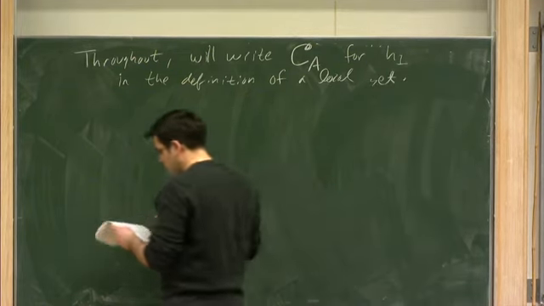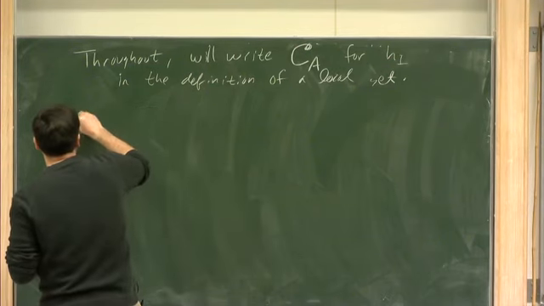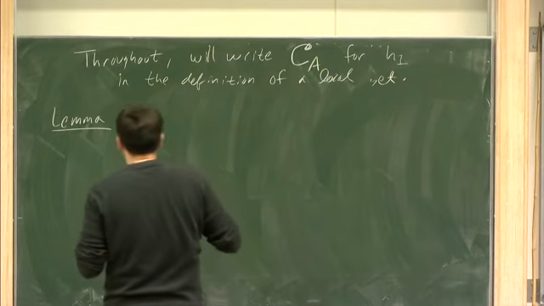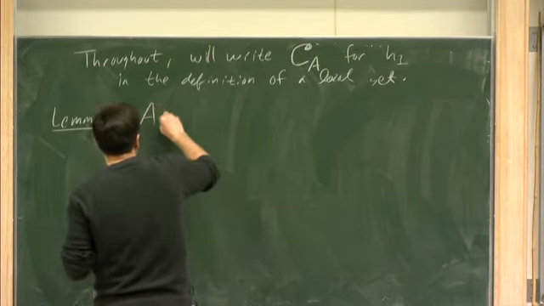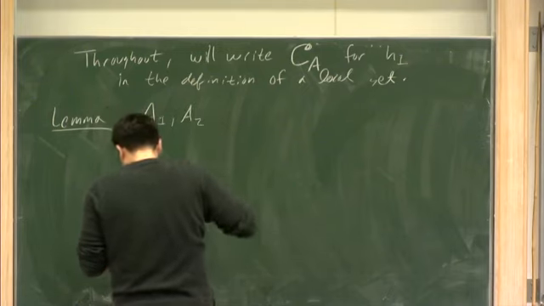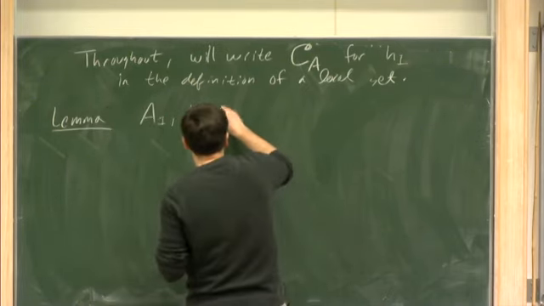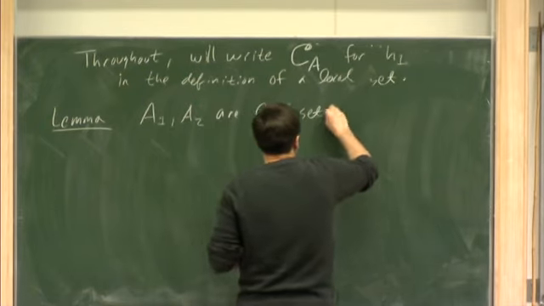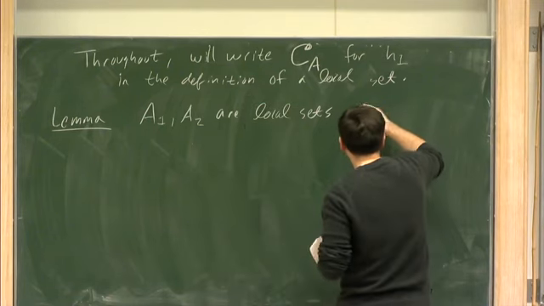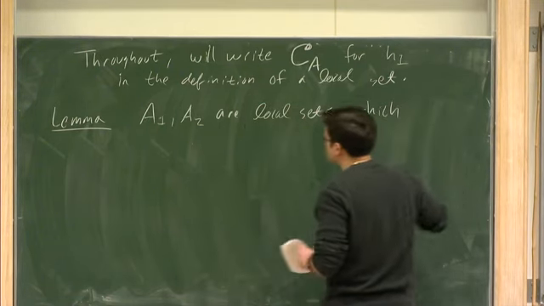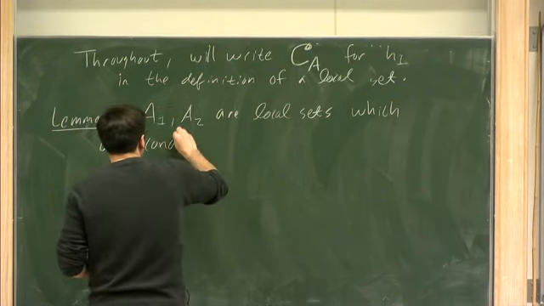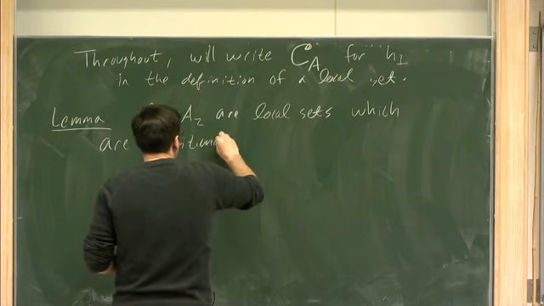Then the first result that I want to tell you about is the following lemma. It says that if A1 and A2 are local sets, and I'm going to assume that these are conditionally independent given H.